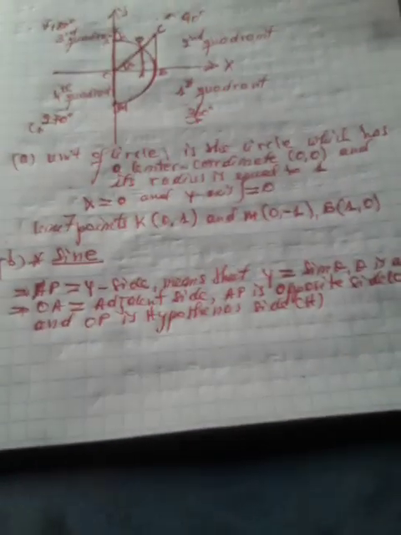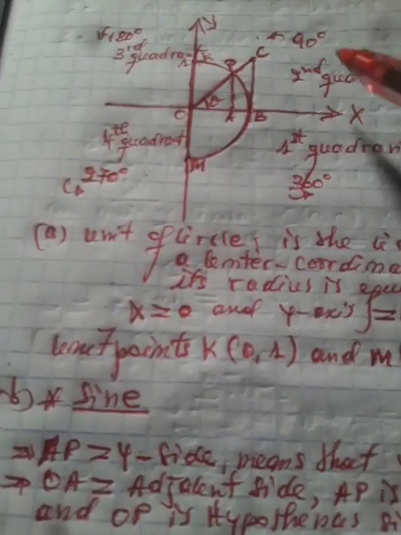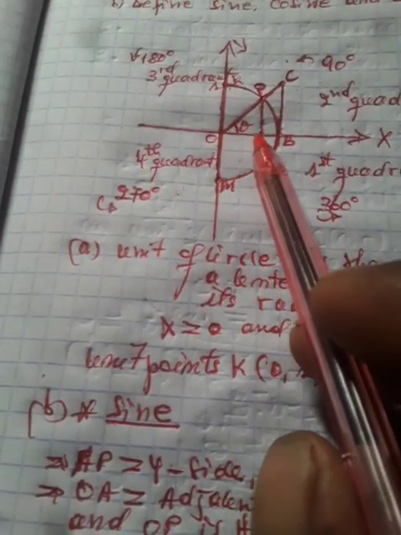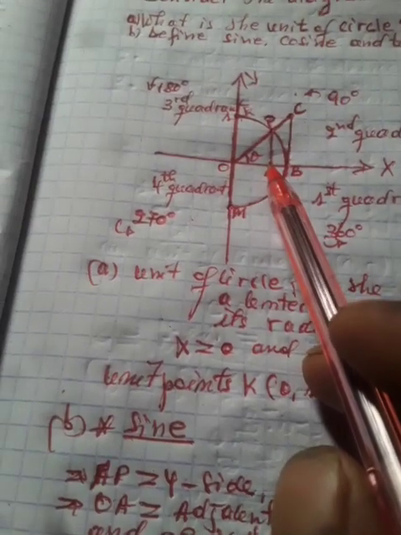So here we have 3 types of sides. The side from O to A is the adjacent side.